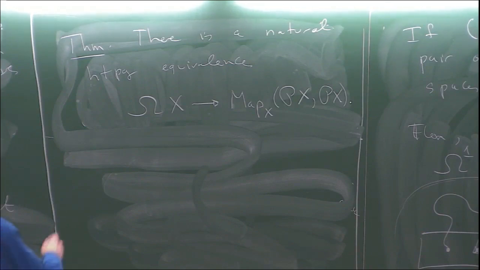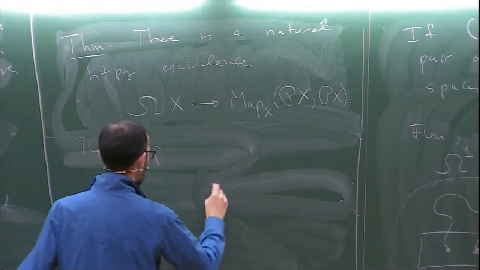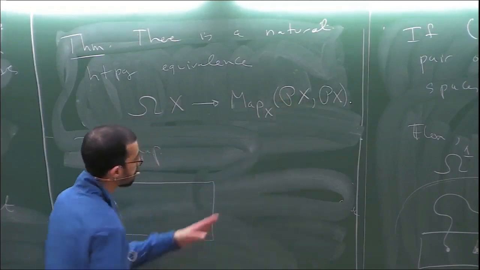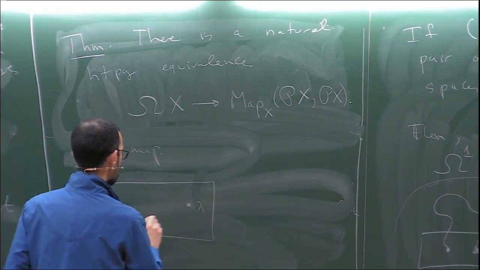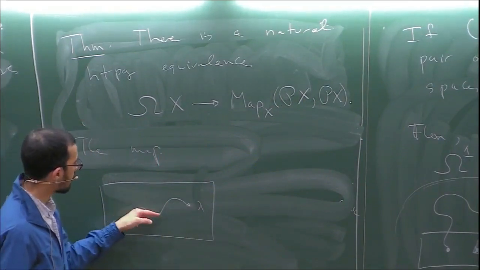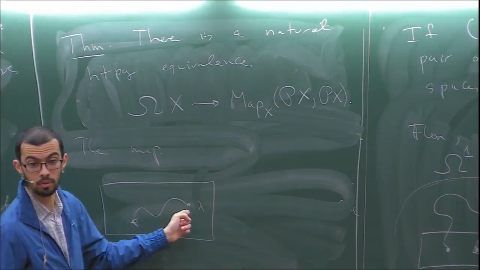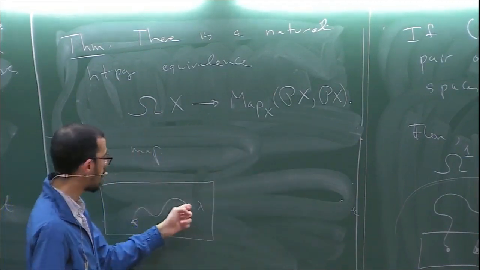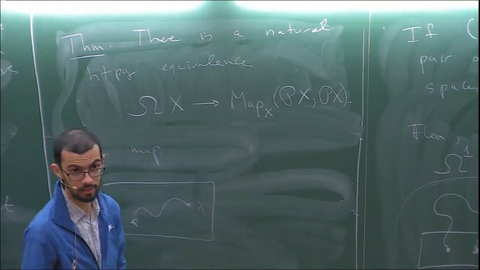So let me explain. The map just takes the following thing. What does this mean? This means, roughly speaking, for every point x in X, I should have some assignment that takes a path from the base point to this point to another path from the base point to this point. And this assignment should vary continuously as this second point is moving around. So that's the right-hand side.